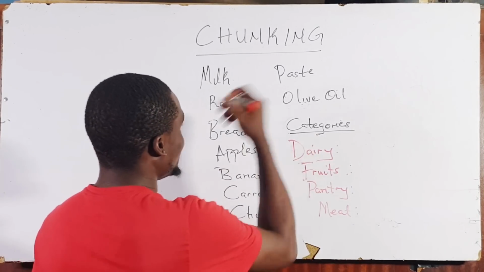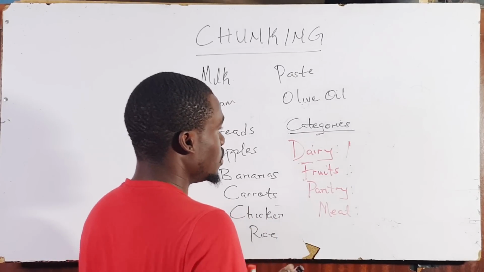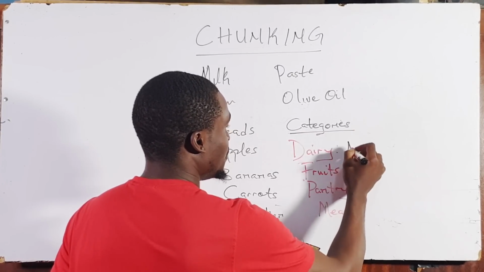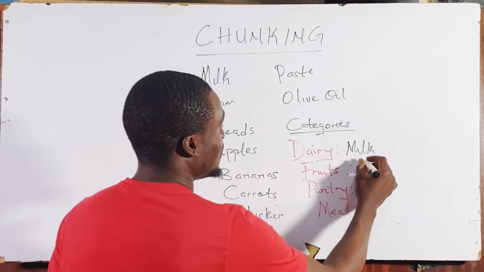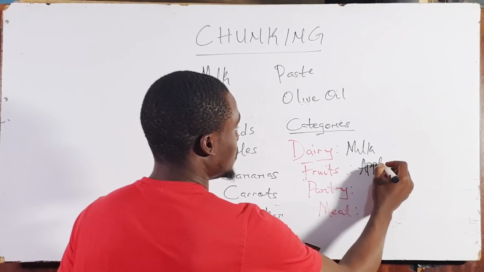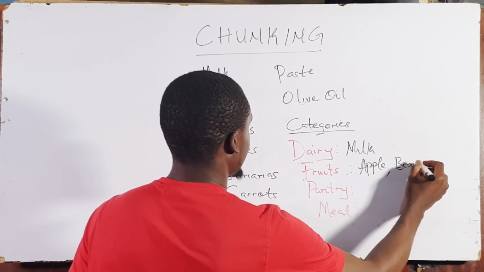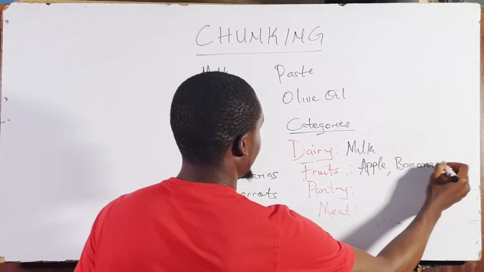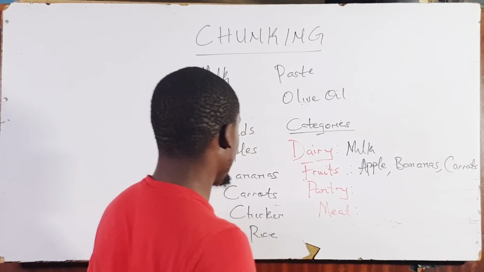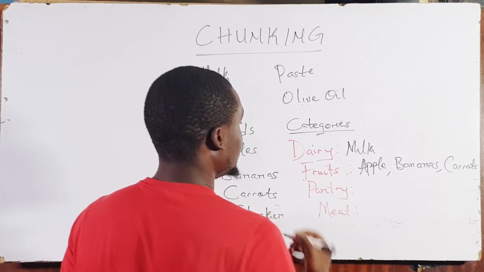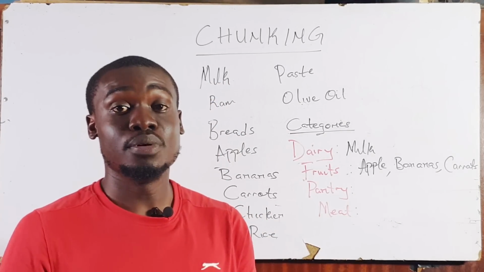Under dairy, we have milk. Under fruits, we have apple, banana, and carrots. Then pantry is like a cupboard where you can keep food.